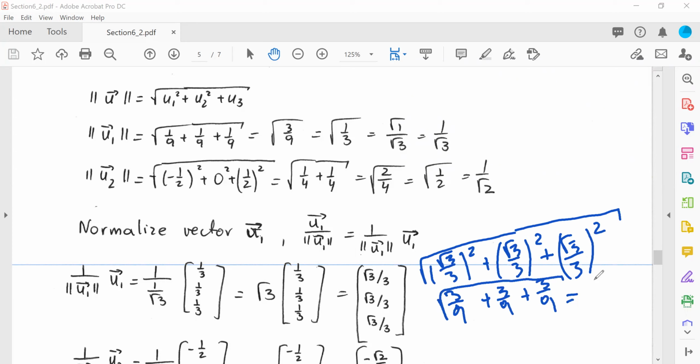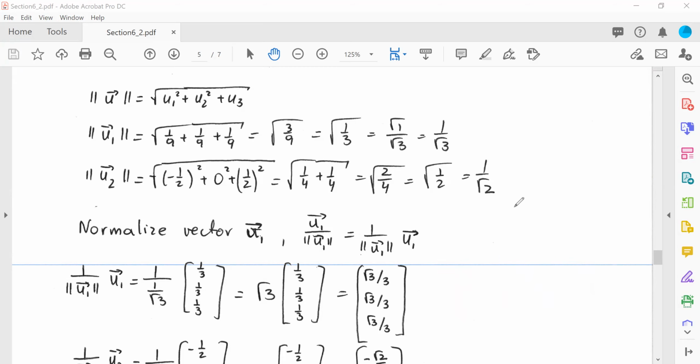So that would be 9 ninths, and the square root of 1 is 1. The length is 1. I'm showing that what we did is correct. We normalize this vector, so the length of that vector is 1. Here's the simple calculation for that.